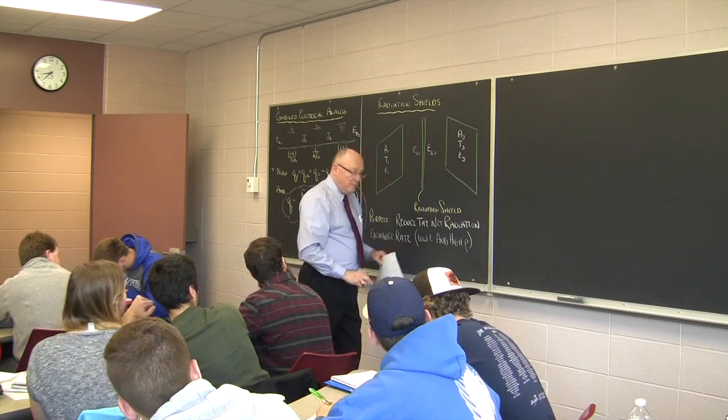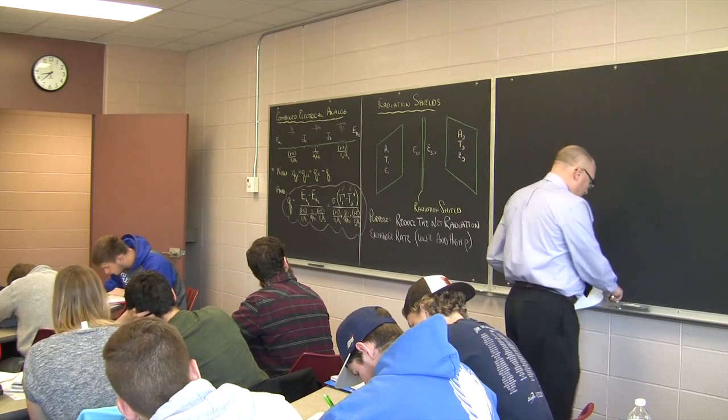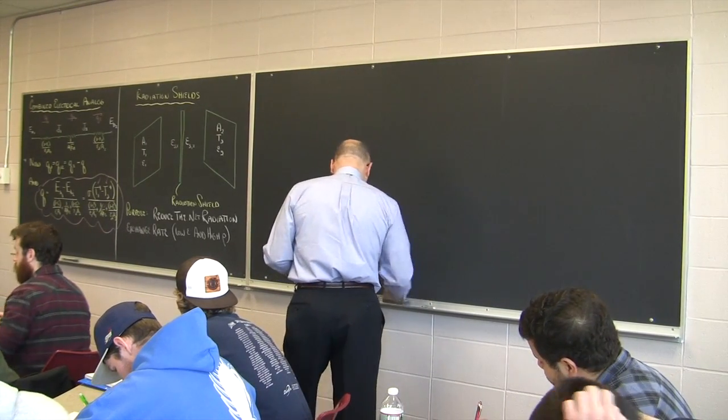You've heard about low E before, or it should be pronounced low epsilon, but people call it low E. All right, so now we're going to draw the network for this.